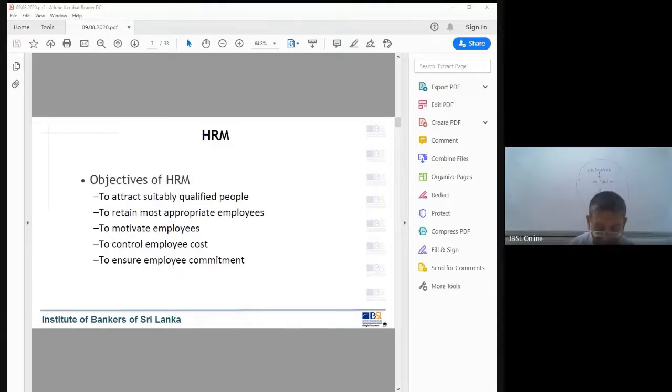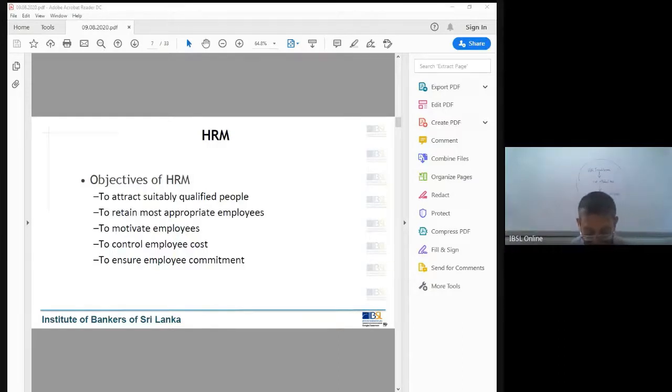Fourth one is recruitment. Having understood, some people you need to recruit. Now remember, recruitment is not taking the people. Recruitment is simply the process of attracting qualified people, not taking them into the organization, attracting qualified people.